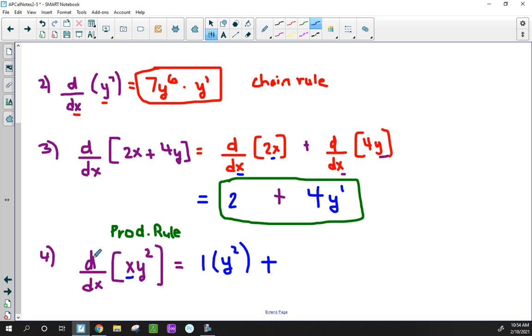Now, the second part of the rule is to write down the first term, and then multiply that by the derivative of the second piece, which is y squared. Now again, because these are different, it's like you're doing a chain rule. You have to do 2 times y to the first, and then the derivative of the y with respect to x is going to be dy dx or y prime.